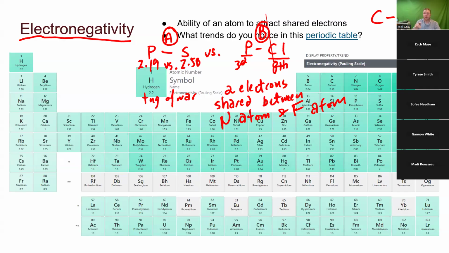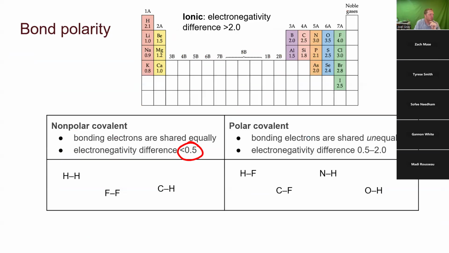Is the difference between those less than 0.5? Add a Y or an N to the chat. Yes, it is. Because 2.58 minus 2.19 would be something like 0.39. What that means is that if we had a phosphorus sulfur bond, we would classify it as a non-polar covalent bond because the electronegativity difference is less than 0.5.